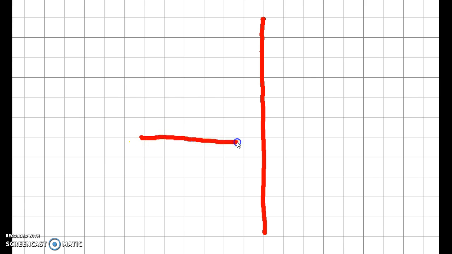Now, unfortunately, I do not have a ruler with this, so I will try the best I can to make straight lines. So here is my y-axis, and here's my x-axis. Oops. Let's make it a little bit better.